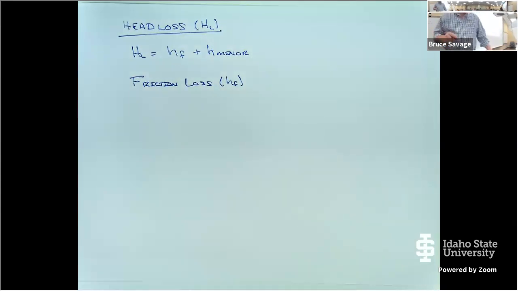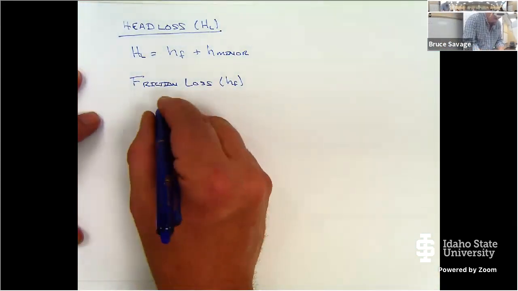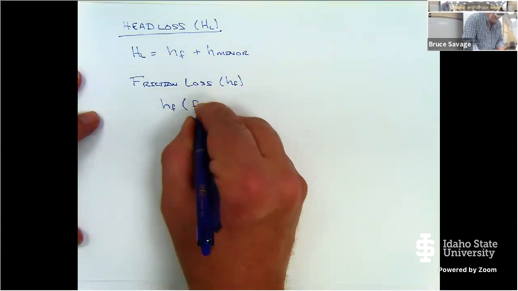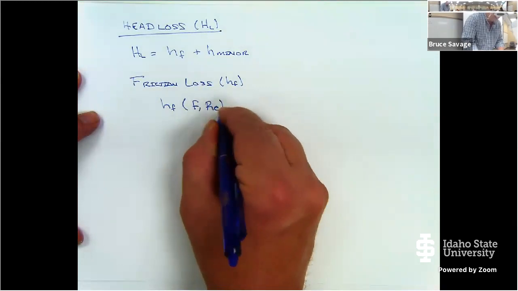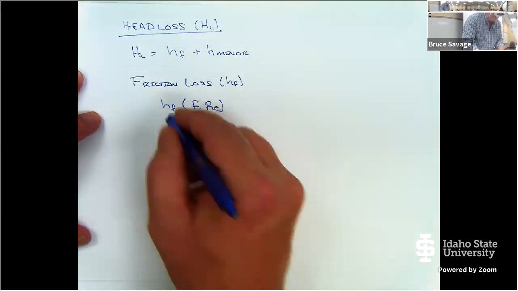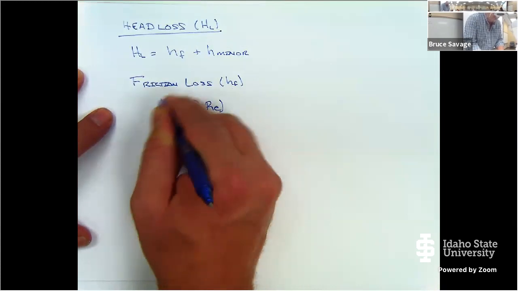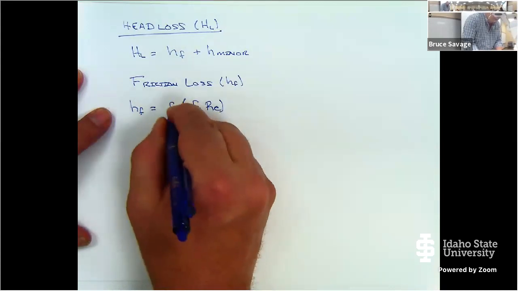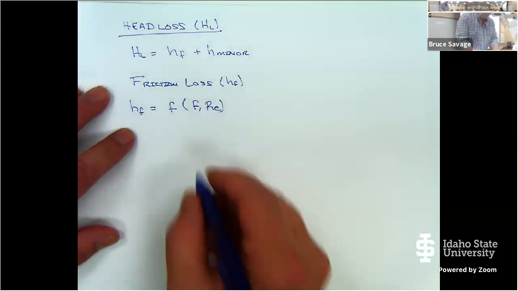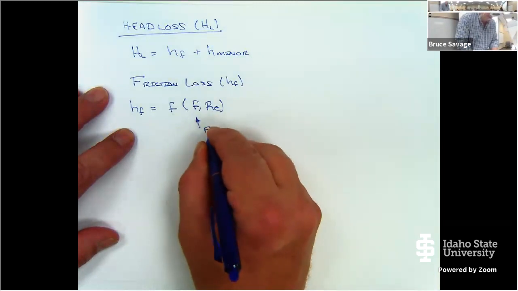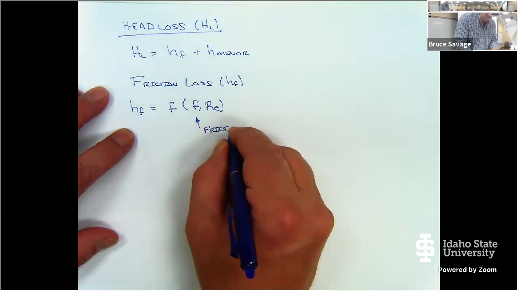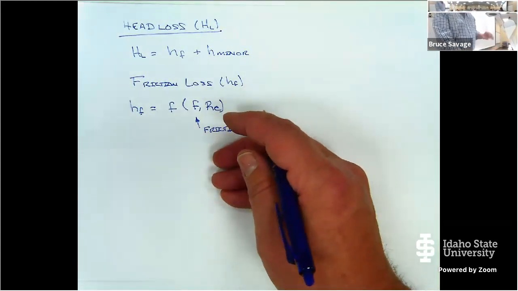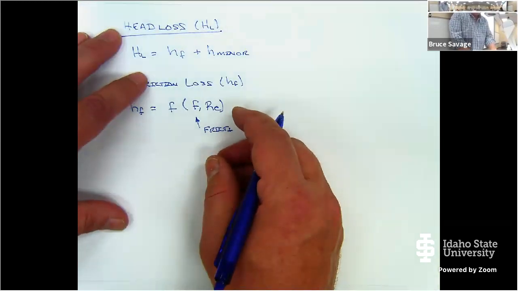Now, based on fluid mechanics, we know that the friction loss can be a function of the friction factor and the Reynolds number. Oops, I did that wrong, didn't I? Let me gather my thoughts for a second.